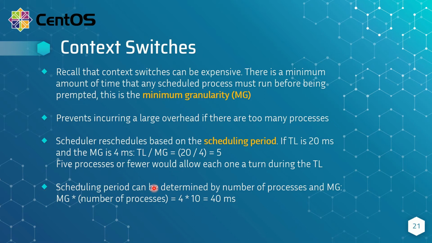Likewise, the scheduling period can be determined by multiplying the number of processes we have to schedule with the minimum granularity, which is 4 times 10, so we know that we can reschedule every 40 milliseconds. If there are too many processes that we need to schedule, then fairness just goes out the window, and this is also how we can prevent that, by changing the scheduling period.